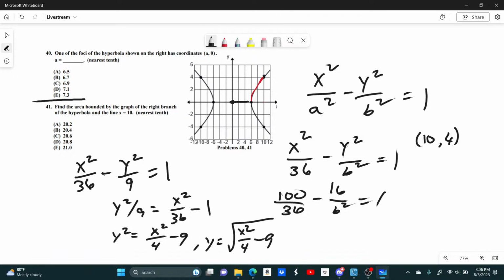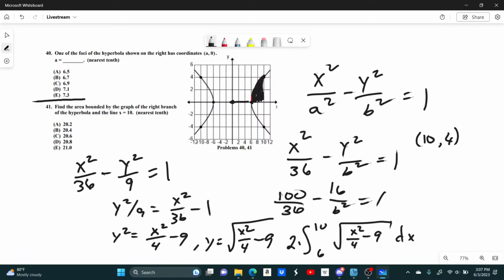Sweet. So that's what this equation would be right here. Now I can just integrate this, because I'm bounded by the right branch, so I'm integrating from 6 to 10 of this equation. And that gives me this area. And then if I want the total, I just have to multiply it by 2.